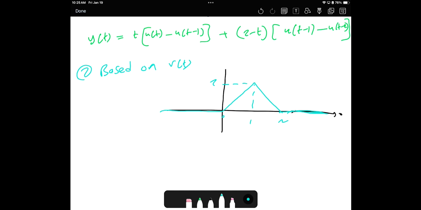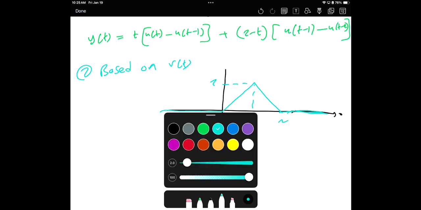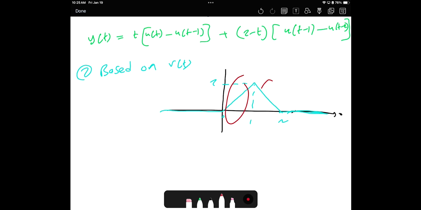So, which is basically we need to look here and let's look between 0 to 1. Between 0 to 1, what's the slope that we calculate?